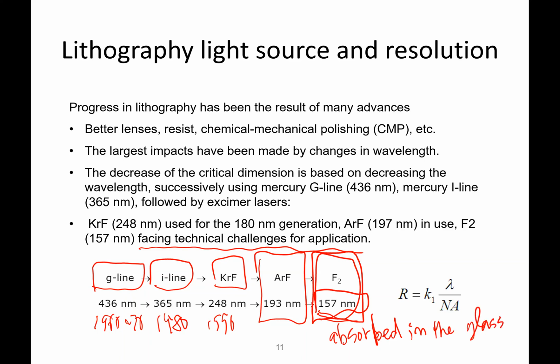That means the lens is not going to work as a lens; it is going to work as an absorber. The 157 nanometer light cannot penetrate through the glass, so the lithography system is not going to work, right?